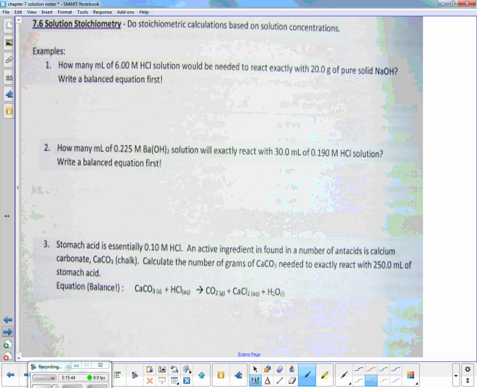Okay, moving on. Stoichiometry. This is where I have to stop at moles. I have to figure out how much of something I have in moles. So this one wants to know how many milliliters of this I would need to have exactly 20 grams of pure solid to react with 20 grams of pure solid NaOH. Well, if I was to do this, there's one H, there's one OH, so I know they're going to be a 1-to-1 ratio.